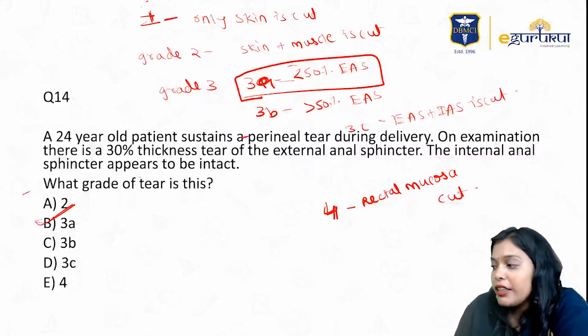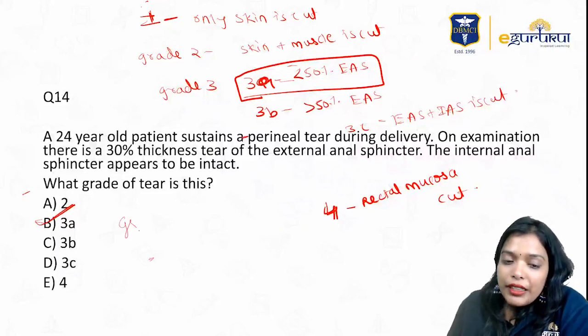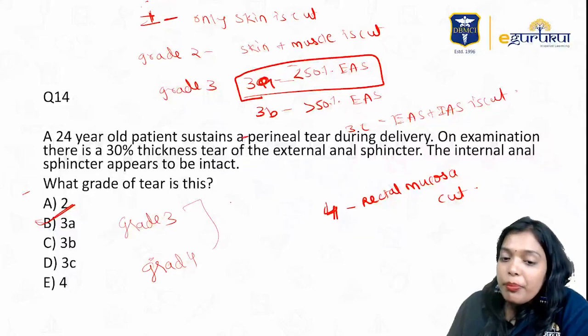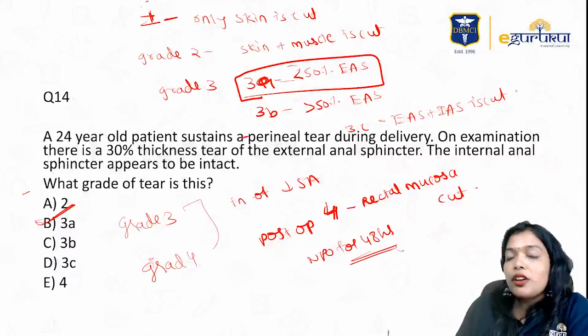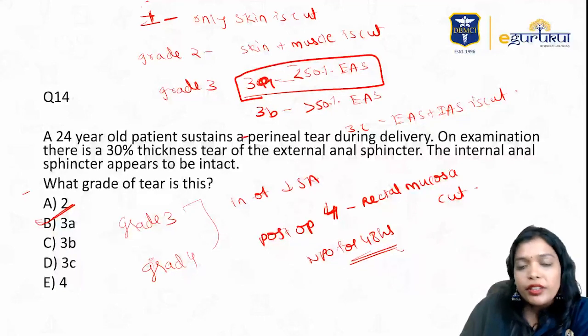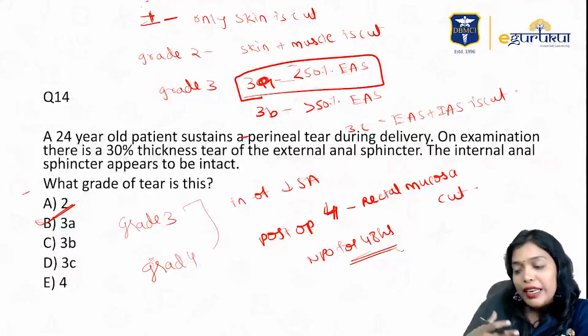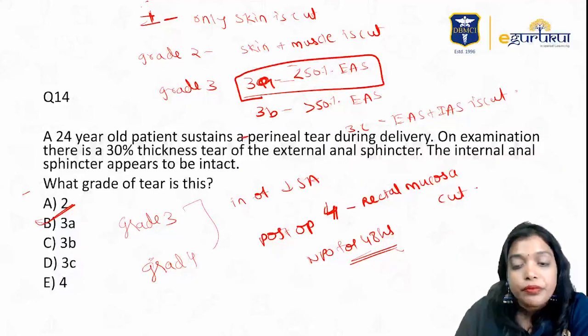Now remember guys, if you have grade 3 or grade 4 perineal tears, this has to be repaired in OT under spinal anesthesia, and post-op you have to keep her nil per oral for next 48 hours, and then slowly start her on liquid diet and then convert her to solids, right? Because you want the sphincter which you have treated to heal.